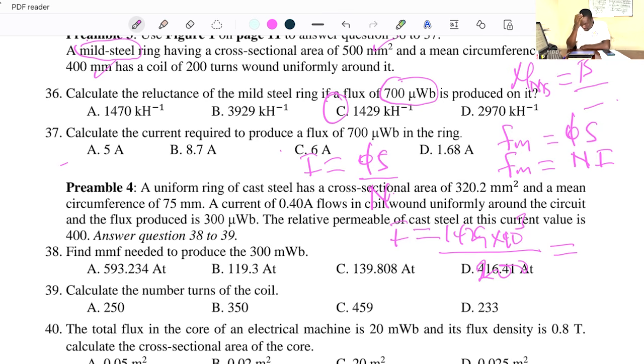Oh, we have to multiply by the magnetic flux, right? This times the magnetic flux, which is 700 micro, right? So we have this times 700.